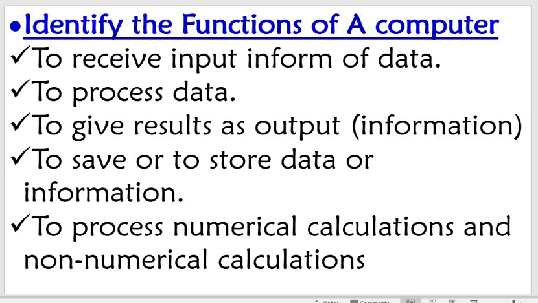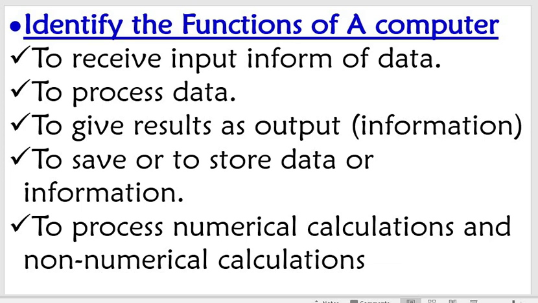So right away, in a very short lesson, on the screen you can see the various functions of a computer, and functions are what the computer does to the data, and they are arranged in an orderly manner. The first thing, as we know, the computer has to receive what we call data.